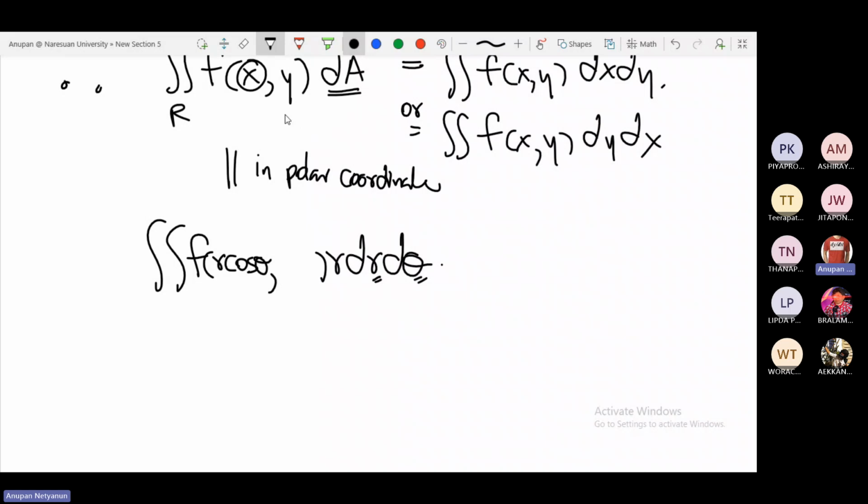And then your y, you can substitute by r sine theta. See, everything is going to be in the form of r and theta now, no x and y anymore. Okay, and this is going to be the running numbers for r, and this is going to be the running numbers for theta.